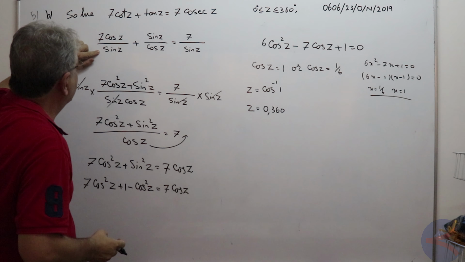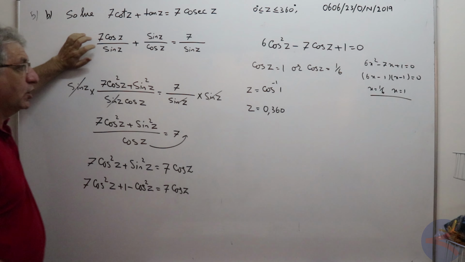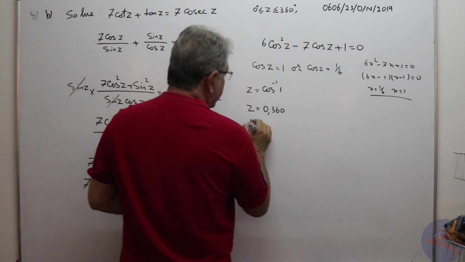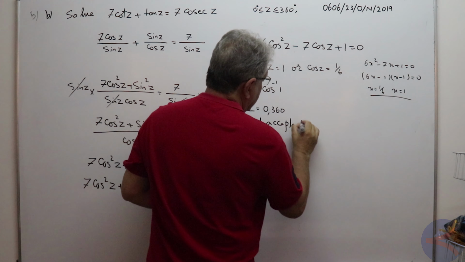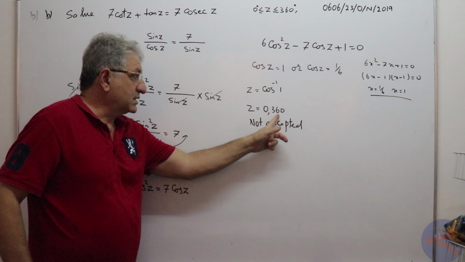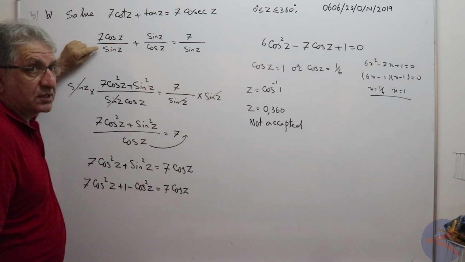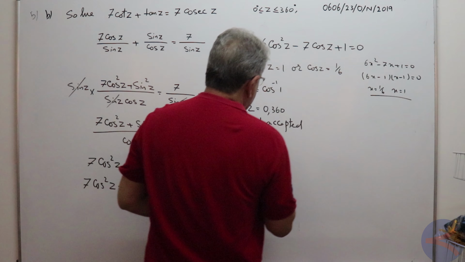Therefore 0 and 360 make sine 0, so these two are not accepted. Why are they not accepted? Because 0 and 360 make this denominator 0. Therefore, the only answer we are having is this.